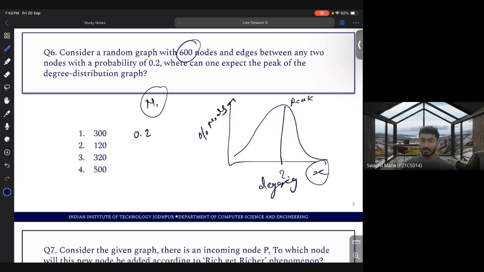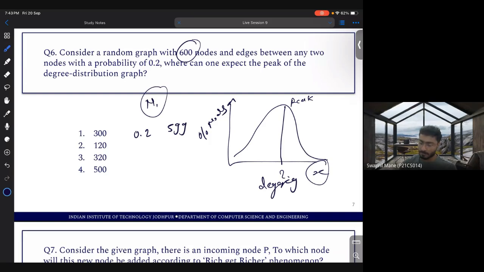So from the 600, we do not consider that particular node itself. We need to consider the other, remaining nodes, which is 599 nodes. Among these 599 nodes, n1, that is one single node from the 600 nodes, how many nodes can he connect with this probability?